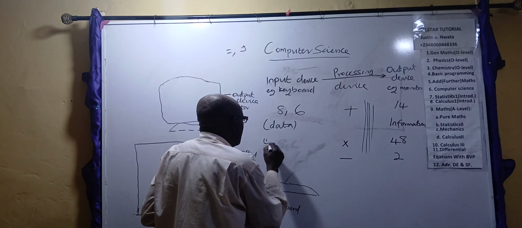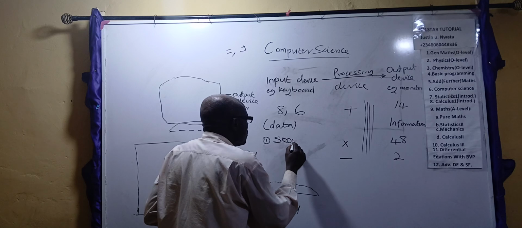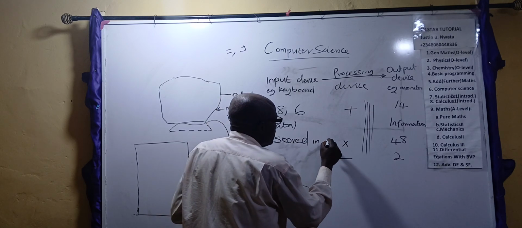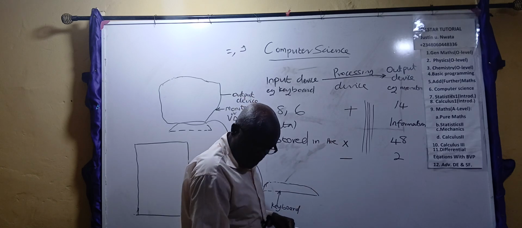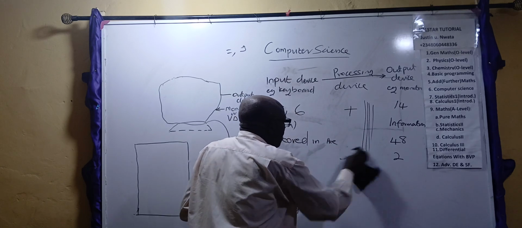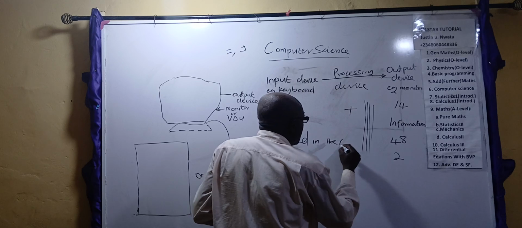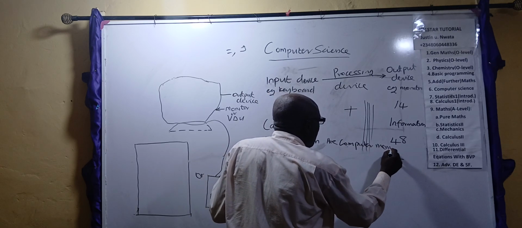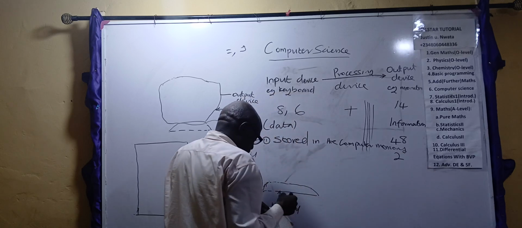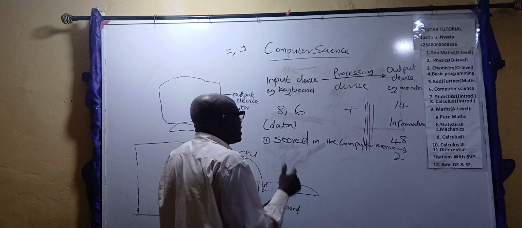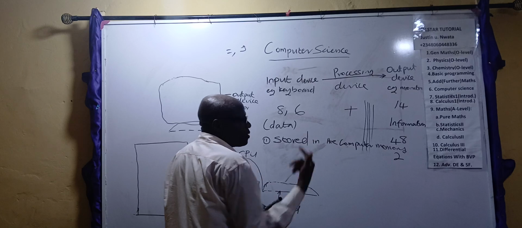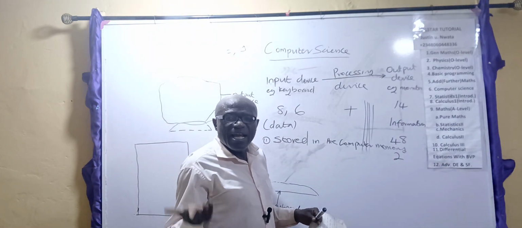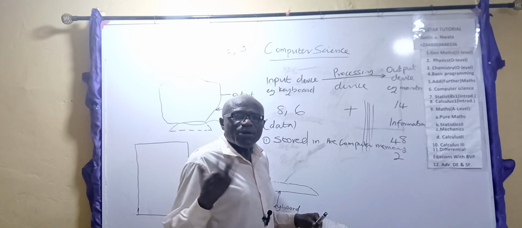It can be stored in the computer memory. Once you store it inside the computer memory, it can stay there for thousands of years. Anytime you want it, you come and call it out.